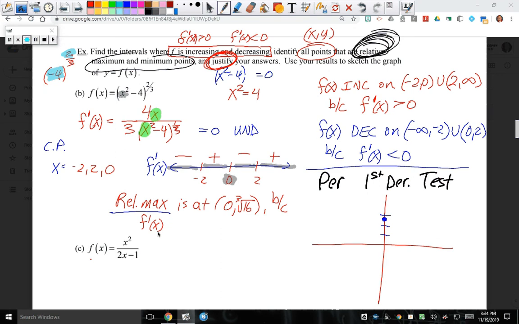Changes. Okay, so this is the most important misconception right now. Is it positive or is it increasing? Should I say negative or should I say decreasing? For you to know what to say, you have to know what you just wrote. Sometimes it will be f prime of x is increasing, but we haven't learned that yet.